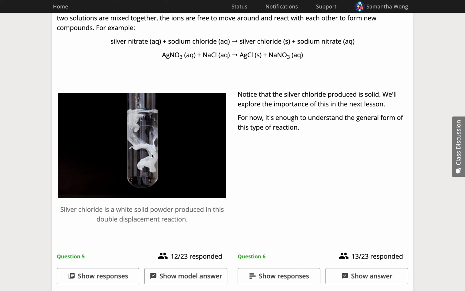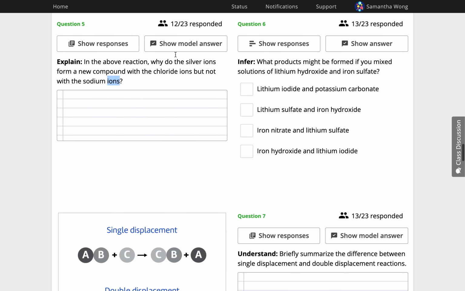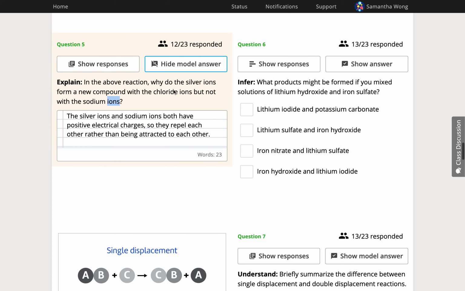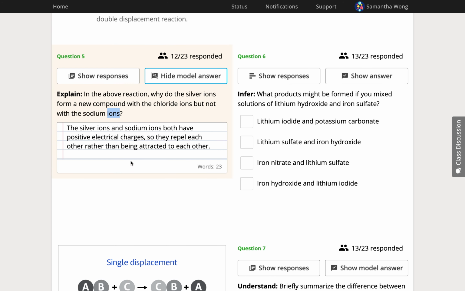So it's what we call a precipitate. So with what I just explained, that's all just here. The silver ions and sodium ions both have positive electrical charges, so they repel each other, whereas the silver ions and the chloride ions are opposite, so they are attracted to one another.